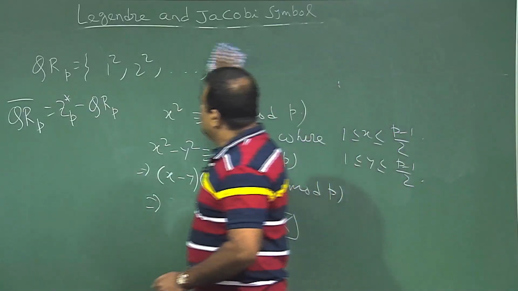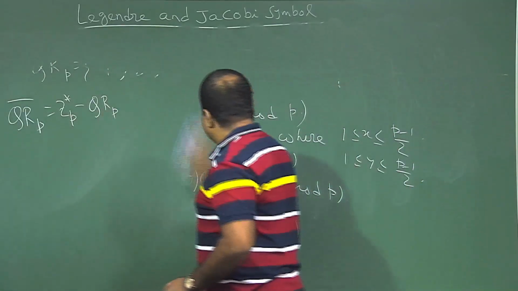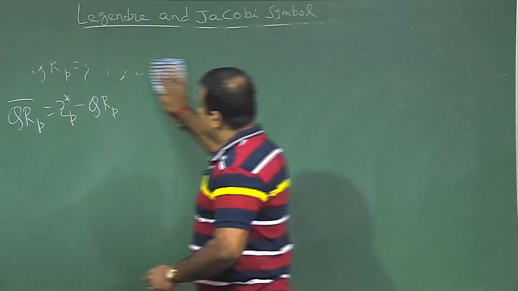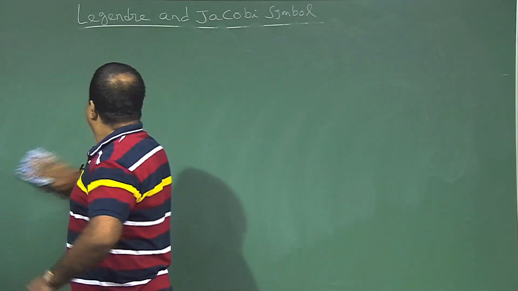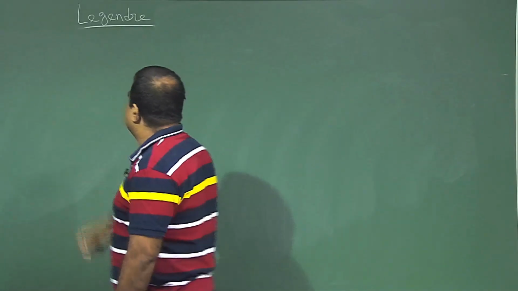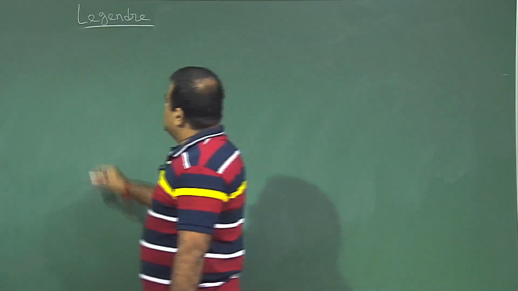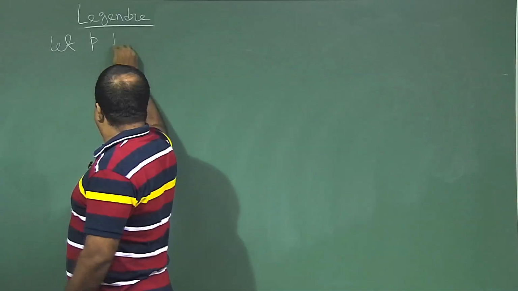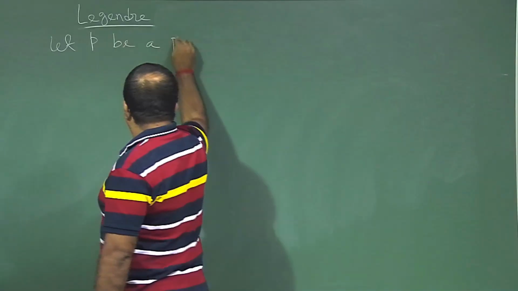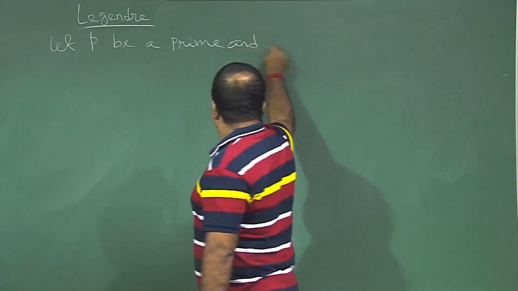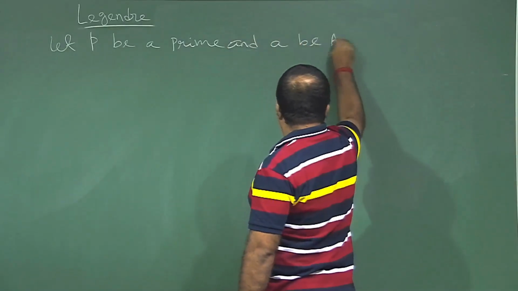Now, we will define what is called the Legendre symbol. Okay. So, the Legendre symbol is basically defined as this. Let P be a prime. For Legendre we need P to be a prime number, and let A be any integer.